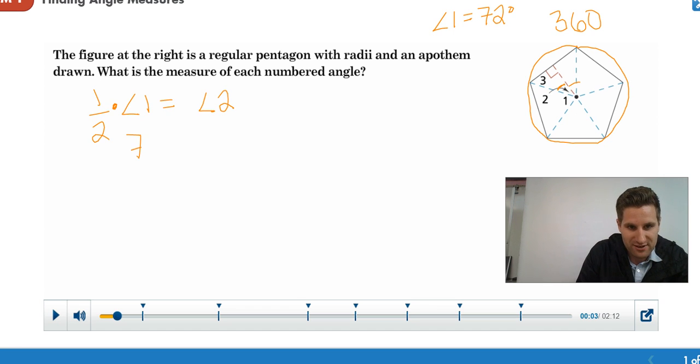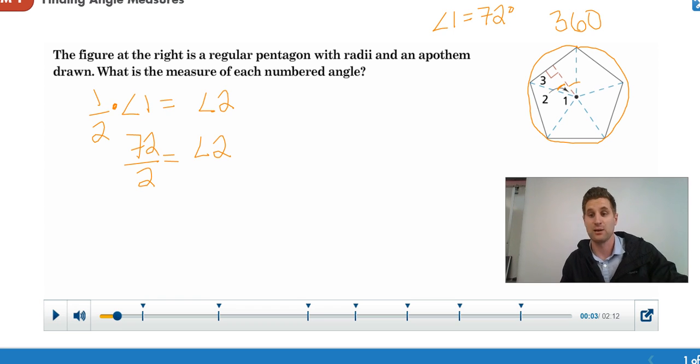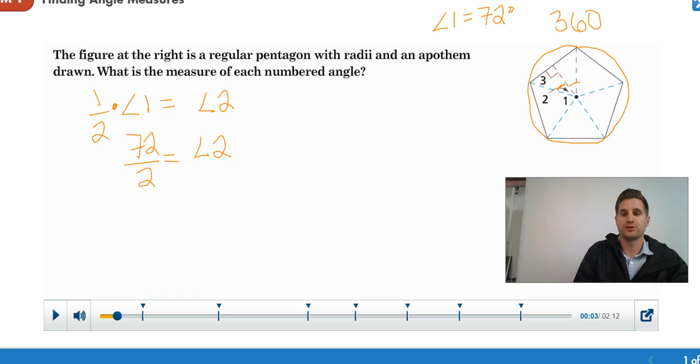So if we take 72 and divide it by 2, that should be our angle. That apothem bisects our central angle. So we divide by 2, and we get angle 2 equals 36 degrees.